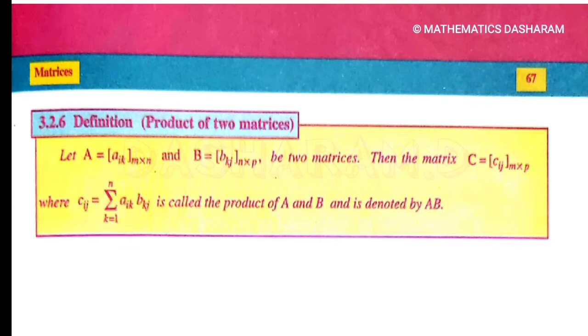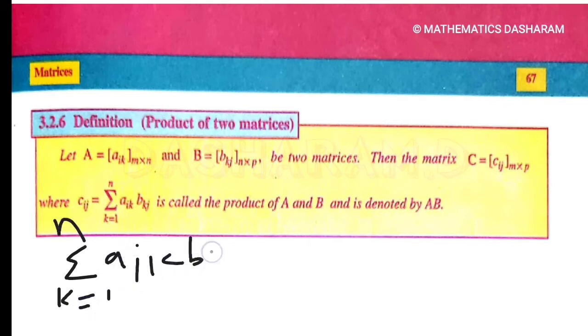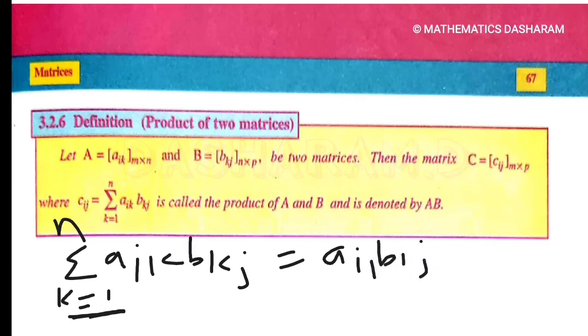See here, sigma k equals 1 to n of A_ik B_kj. Sigma is nothing but addition. First k equals 1, so A_i1 B_1j. Next, k equals 2, A_i2 B_2j, and for sigma you have to put the plus symbol.